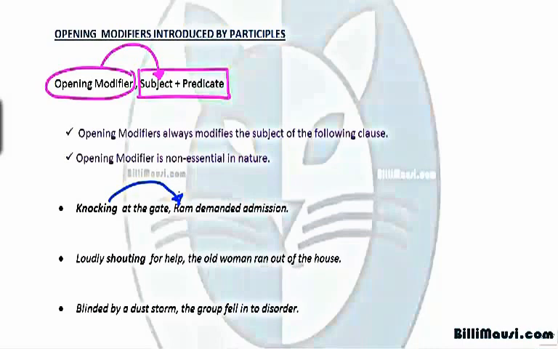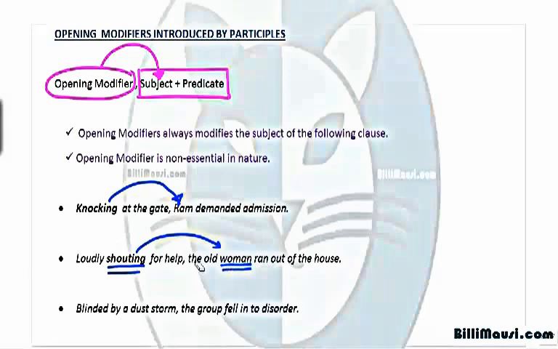following clause. Shouting for help, the old woman ran out of the house. Here the participle is shouting. This is modifying the subject of the following clause, which is woman. Please note that loudly is not the participle, it is just modifying shouting.